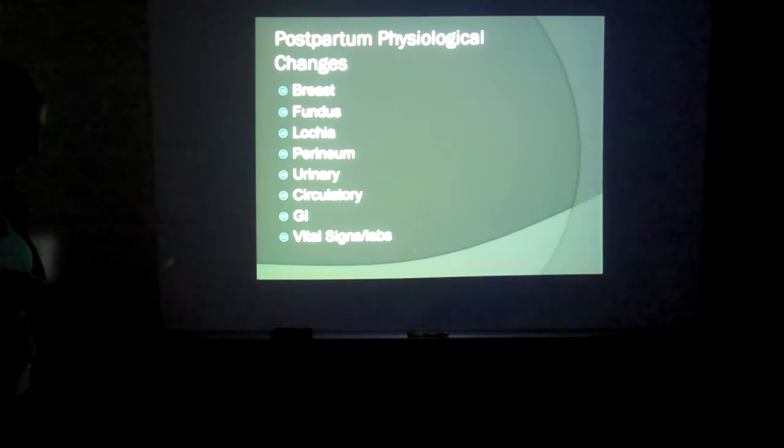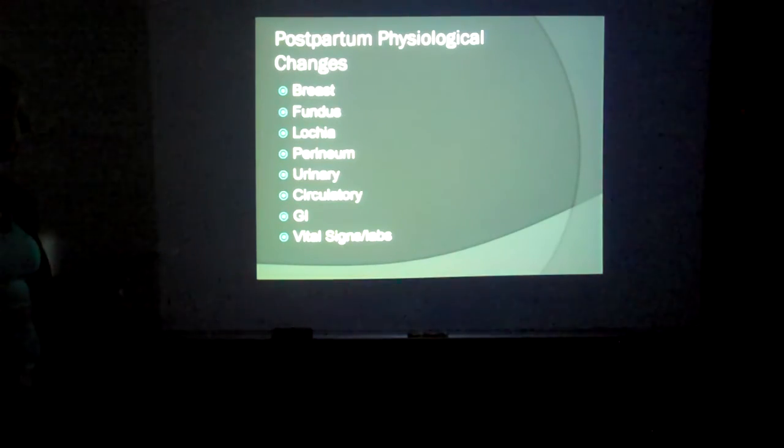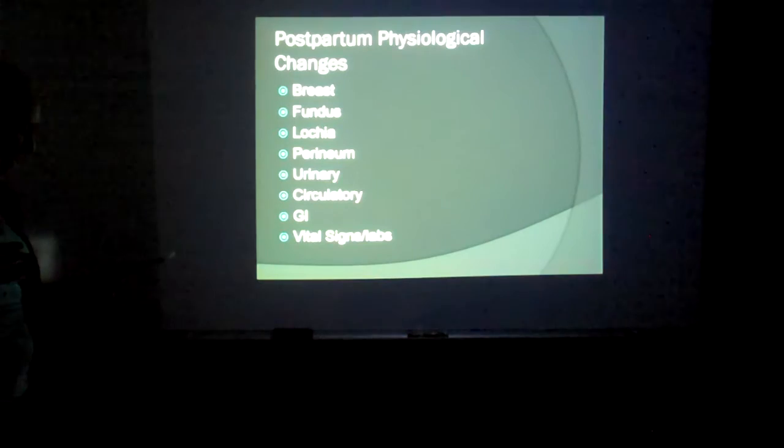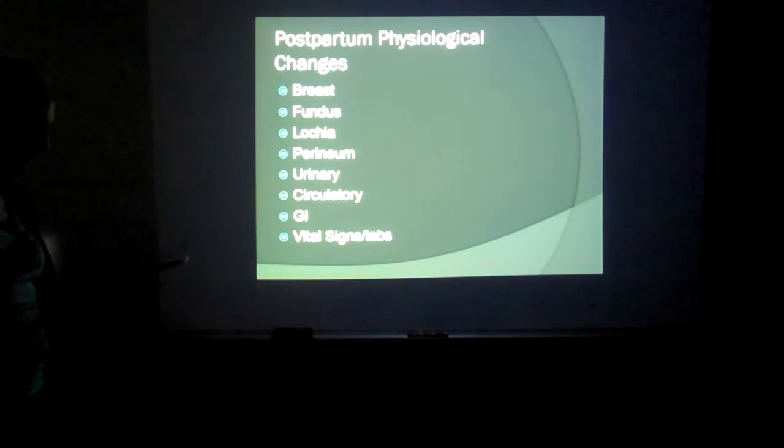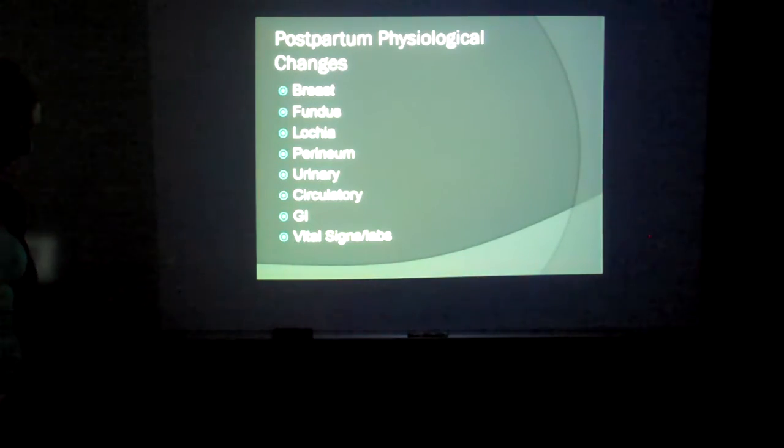Lochia takes 6 weeks, until the implantation of the placenta site has healed. So the first 3 days you should see mainly rubra, which is mostly blood and small pieces of mucus, red. Then over the next 3 to 10 days you'll see a pinkish, kind of pink lemonade color.